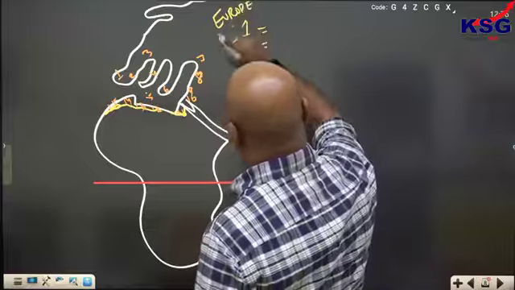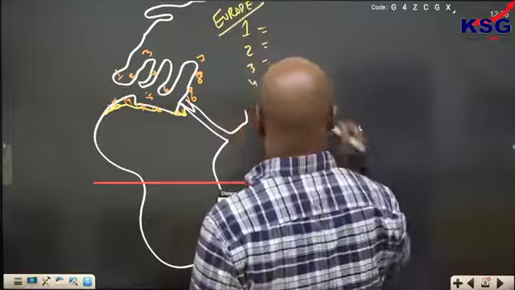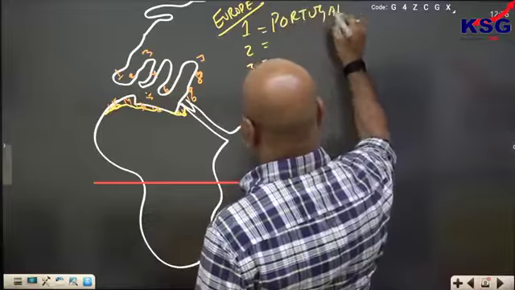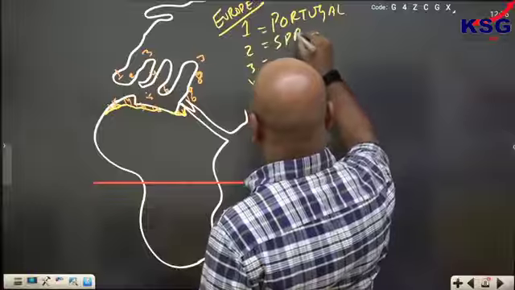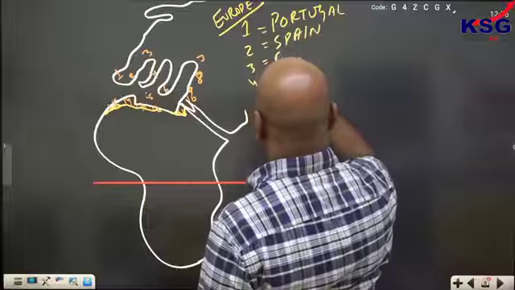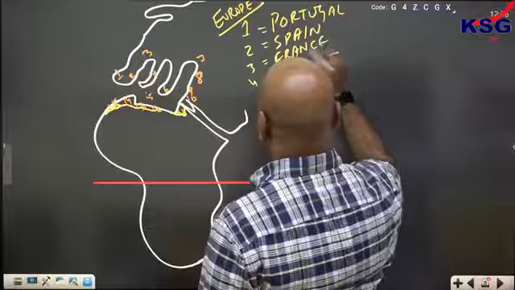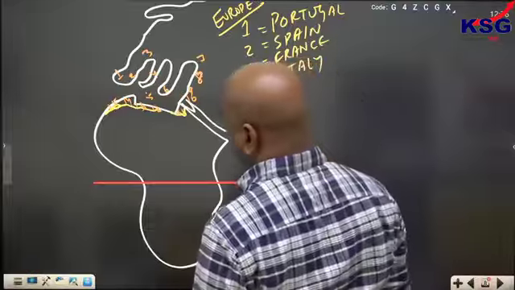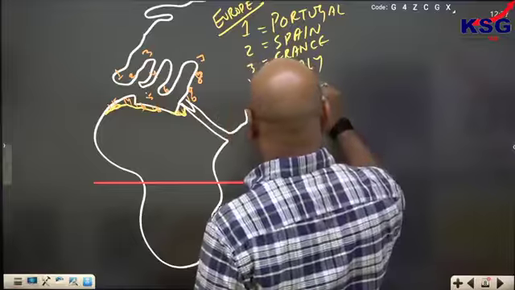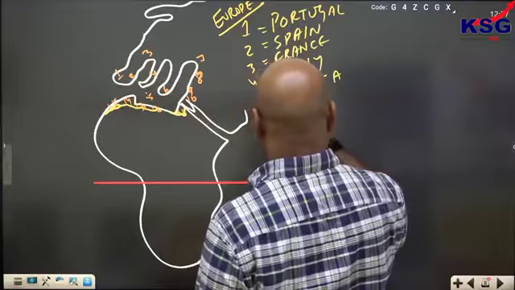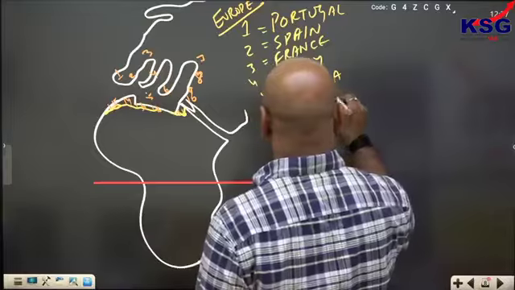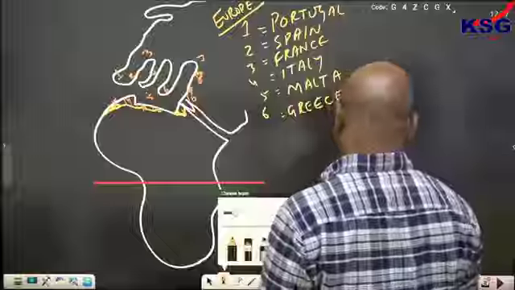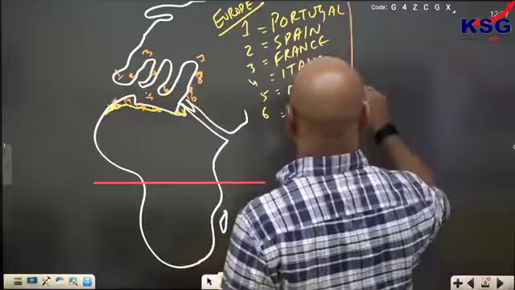These European countries include: one is Portugal, 2 is Spain, 3 is France, 4th is Italy, 5th is Malta, and sixth is Greece. These are the countries here where you have this type of climate. All of them are in Europe.